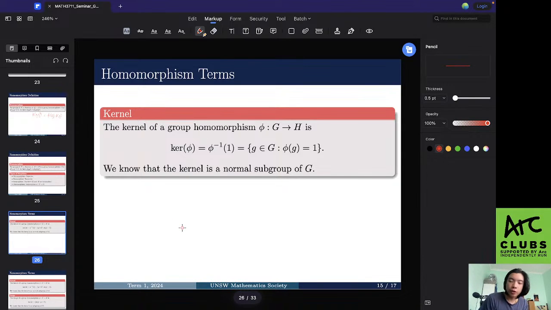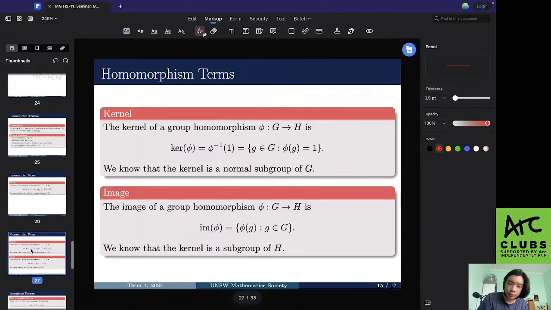Next, we have the kernel. The kernel is pretty much the same as, I don't know, maybe finding the root of a function. We just want to know what are the elements in G such that they get sent to our identity 1. And we know that the kernel is a normal subgroup.